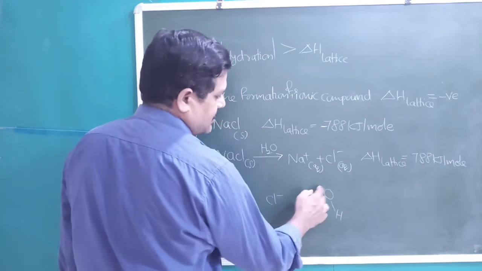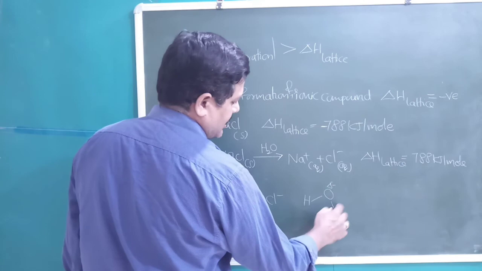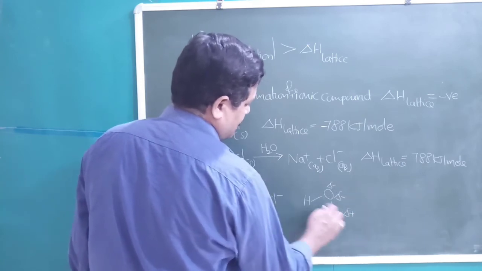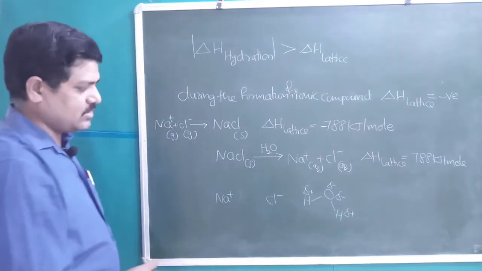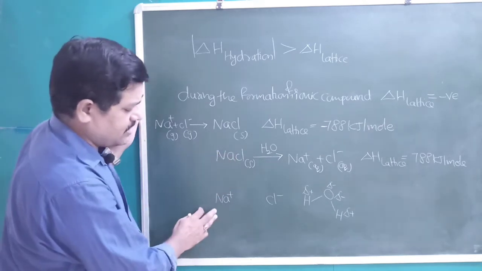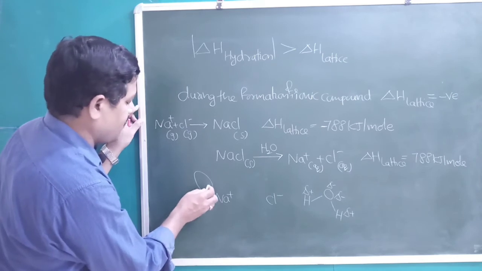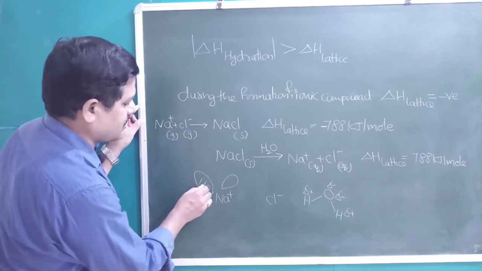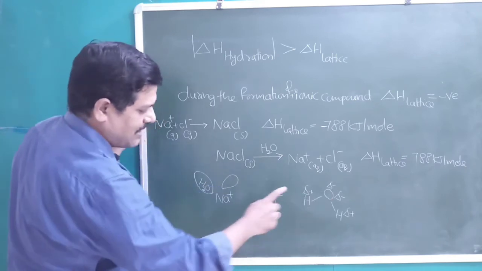Due to polarity of this bond, partial negative charge on the oxygen, partial positive charge on the hydrogen, right? So when we put NaCl solid in the water, Na plus is surrounded by many water molecules from the negative end of the water, H2O. From the oxygen side, charge on the oxygen is minus, right?